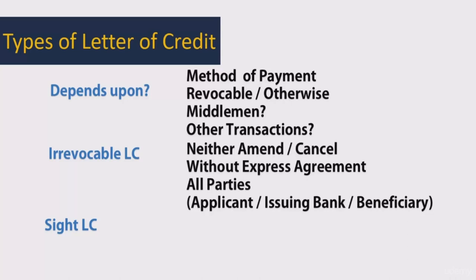The goods have to travel a longer distance, and the seller has a fear whether the buyer would pay or not, because there is going to be a transit period. So the seller has insisted on an LC and the buyer has opened an LC in favor of the seller, and that is a sight LC.